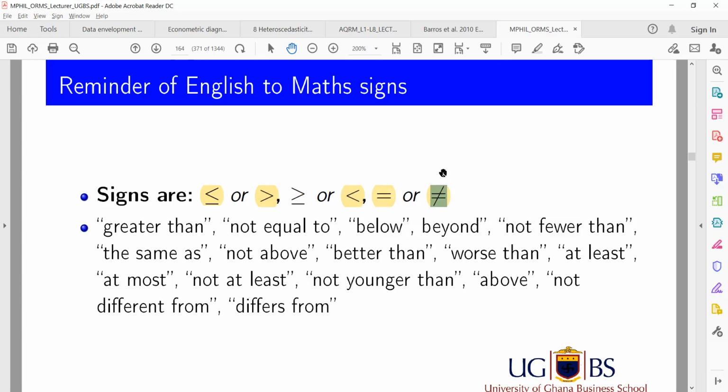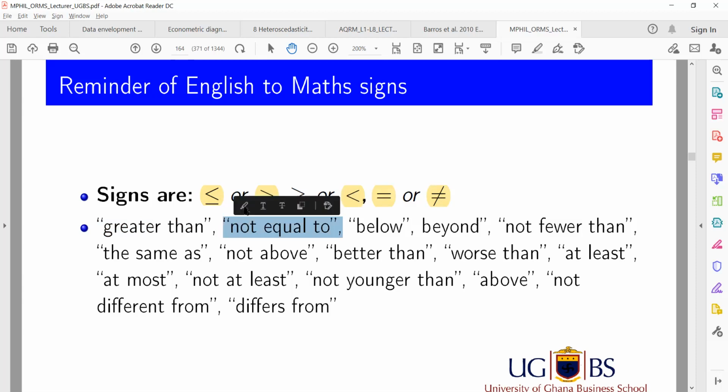But in English, you have to be able to assign some English phrases to these symbols. Let's take the first one. I want you to tell me which symbol I have highlighted. The first one is the easiest because I've highlighted greater than. What symbol have I highlighted here?